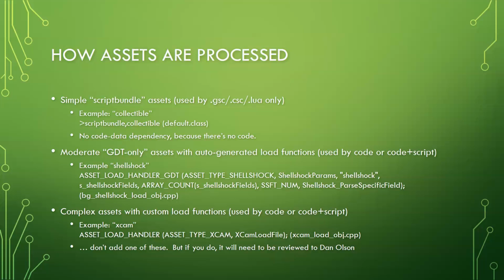So let's say you added a new script GSC function and used it in a GSC file. You check that in, you link the fast file, or you don't check that in just yet. You modify both of those, you build the game from Visual Studio, you link the fast file, everything looks great. You check it in, you break everybody who doesn't build their own executables because they don't have that function yet.